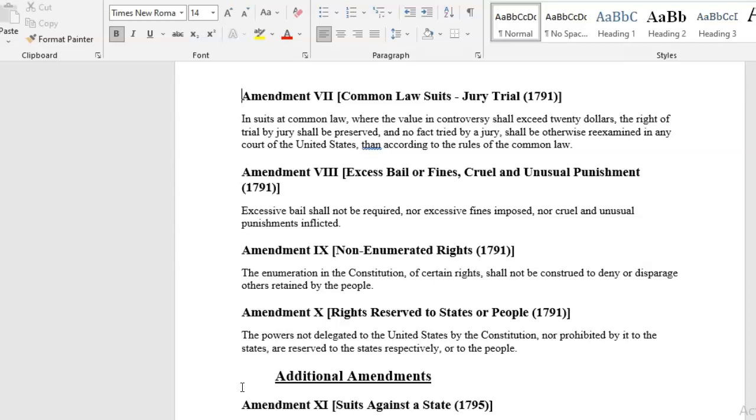What it actually says is the powers not delegated to the United States by the Constitution, nor prohibited by it to the states, are reserved to the states respectively or to the people. In other words, any power that we did not give to the United States by the Constitution, we reserve all of those and you can't usurp them. The government is only allowed to do what we tell it it can do in this document.